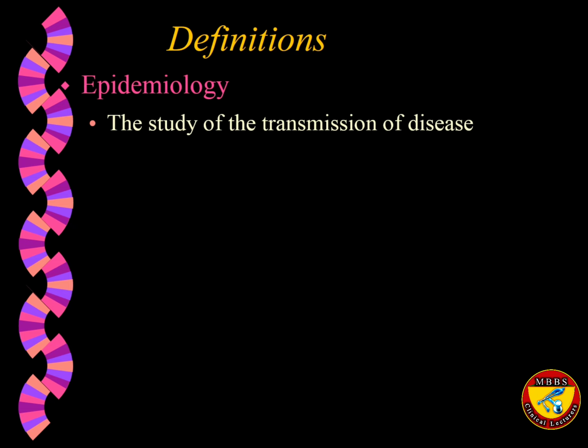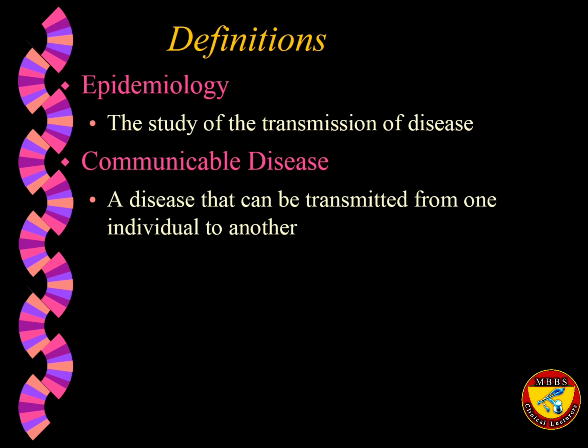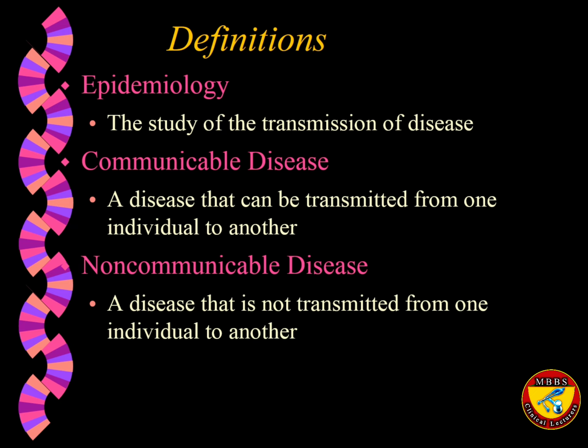Now, epidemiologically, there are certain terms used, and epidemiology is the study of the transmission of disease. They are mainly divided into communicable diseases and non-communicable diseases. A communicable disease is one which can be transmitted from one individual to another, and all infectious diseases are communicable diseases. On the other hand, non-communicable diseases are ones which are not transmitted from one individual to another.